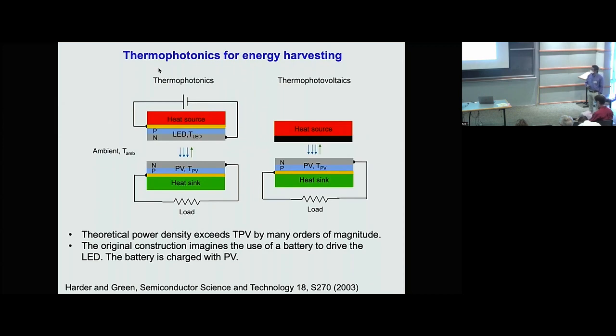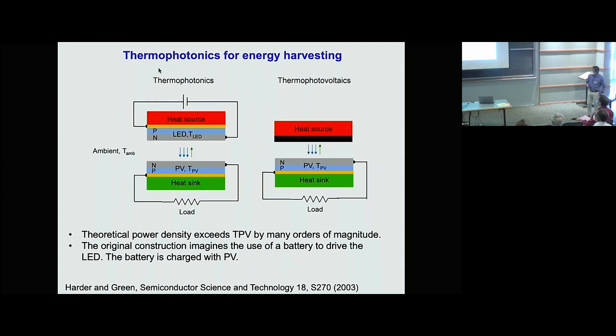In his construction, he replaced the heat source with a light emitting diode under positive bias. As we know, the light emitting diode under positive bias will emit far more compared with a heat source. Now, in this case, however, you would need to drive the LED, to positive bias it, you need to inject electric power into it.